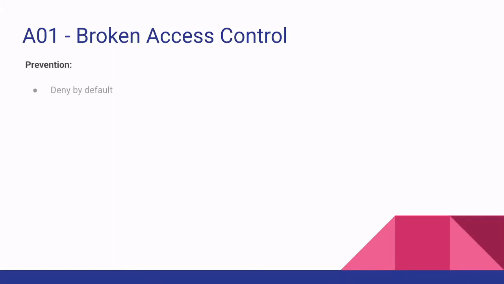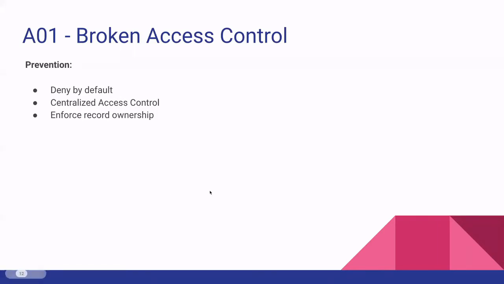The prevention method for this would be deny by default, meaning that only public information should be available. Any private data for any user should not be available out there. Then you have to implement the access control mechanism once and reuse it.